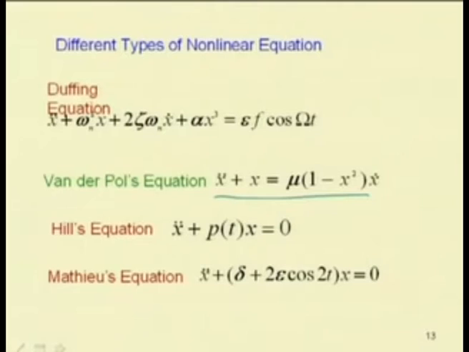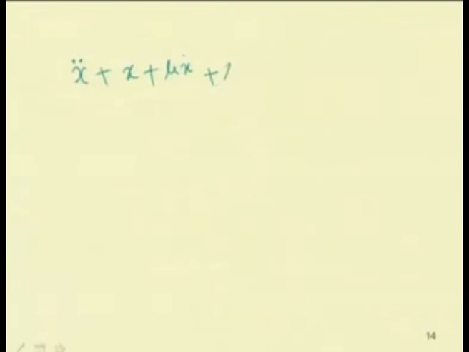So, x double dot plus x, let me take the other part to this side, so it will be mu x dot minus mu x dot x square. This is the nonlinear term associated with the system.